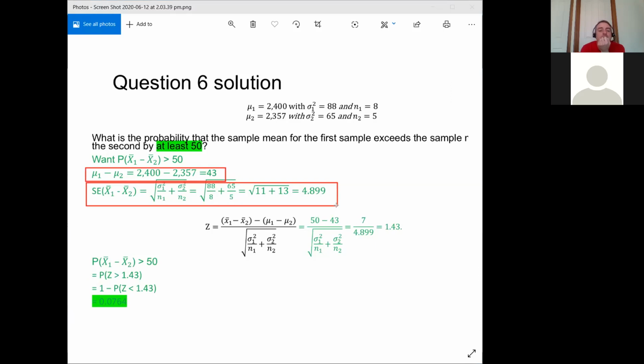And so we calculate that x1 minus x2 being greater than 50 is the same as Z being greater than 50 minus this divided by that. So that's that final step that I did with the D, but I just did it differently. I got the same answer in the end though, so I presume that the lecturer would be happy with that, and if your exam's online, then it's probably entering numbers anyway.